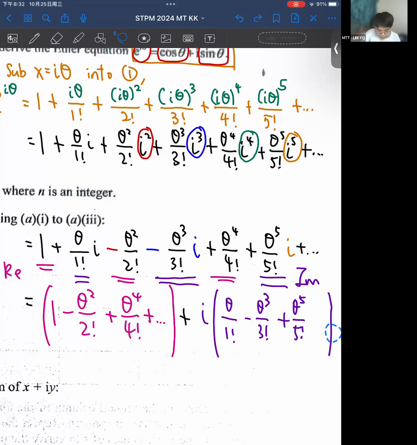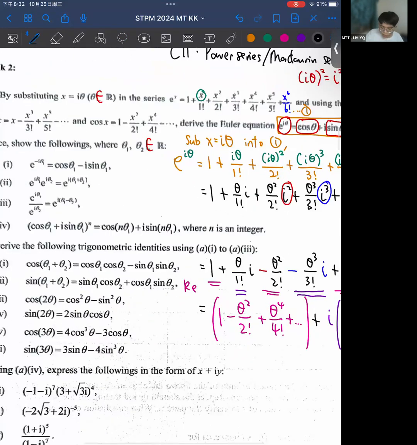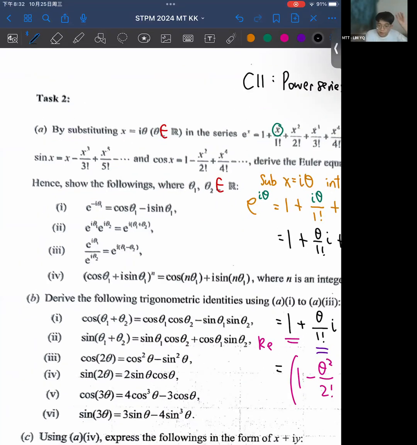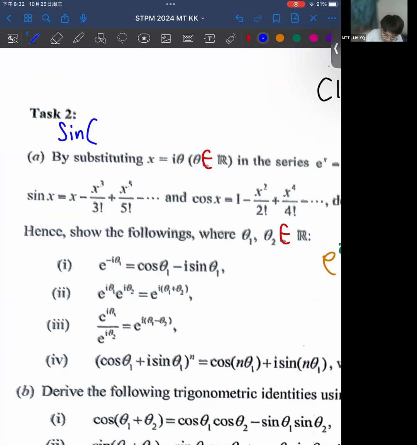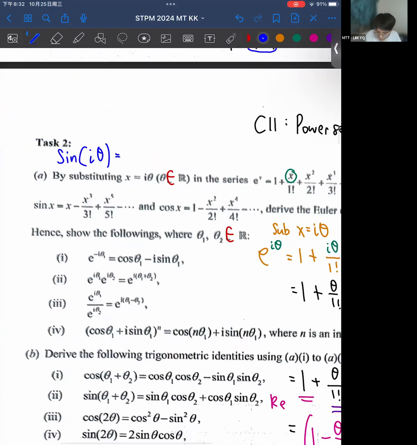Why does the first dot dot dot become the second dot dot dot? Because now I want to use another series substitution. I want to substitute sine and cos inside. So you can see what your sine and your cos are.